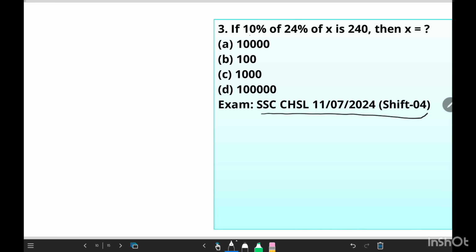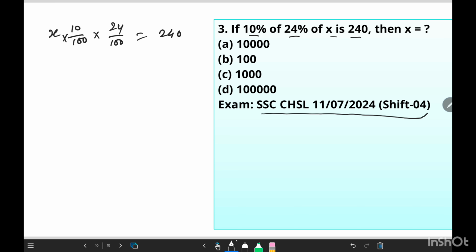It is saying 10% of 20% of x is 240. See, in a number which is x, the 10% of this number and 20% of this number, it is saying it's 240, right?